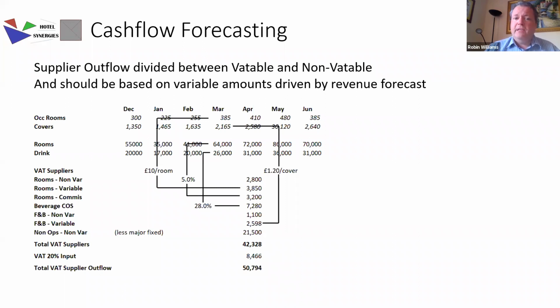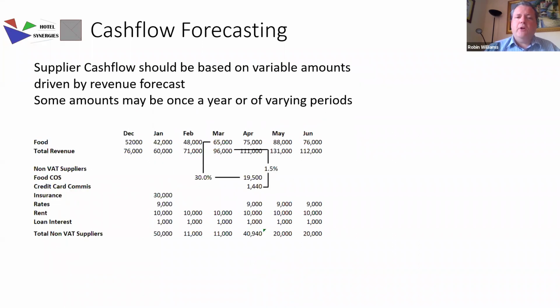Another point, obviously, with those suppliers is that they do have VAT on top, which is an outgoing in excess of what you would have in your P&L. But then again, there are other payments which aren't VATable. And it not only affects it because there's no VAT, but also those payments may well be a one-off in a year.